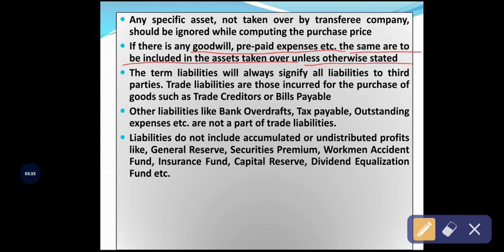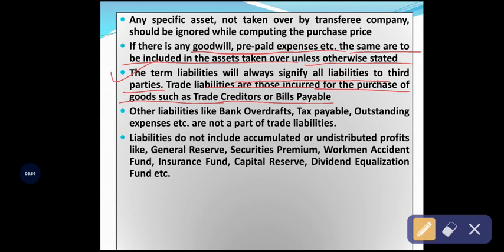The term liability will always signify all the liabilities to third parties. Of course, liability means we have to pay something to other persons. Trade liabilities are those incurred for the purchase of goods, such as trade creditors or bills payable.